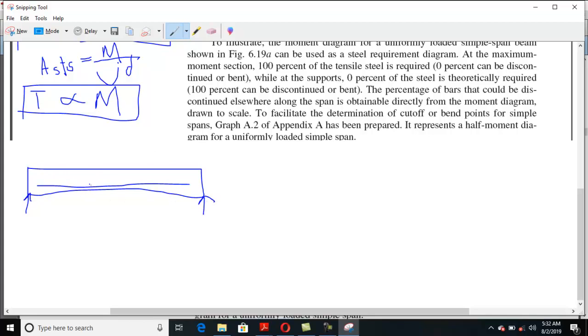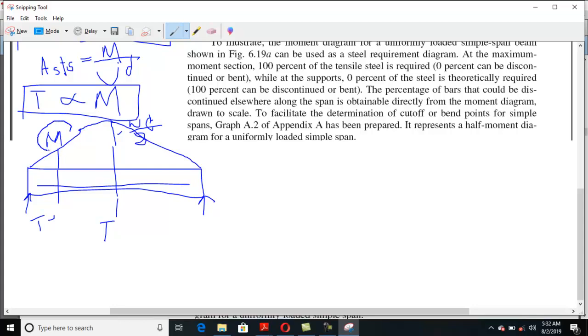As you know, in a simply supported beam the bending moment is maximum at the center. So we can directly say that the whole tension force will be generated at mid-span, and you will achieve the bending moment diagram like this. This says there is a maximum moment, that is wL squared over 8. From here you can say the moment is decreasing, so at this point the tension will be proportional to the moment there.